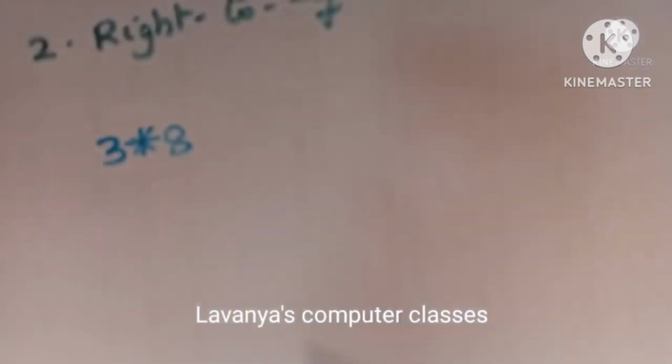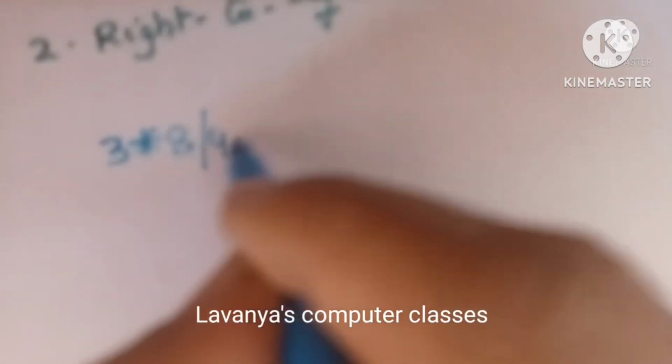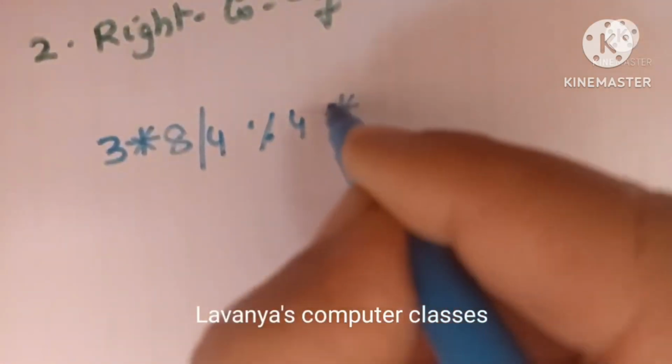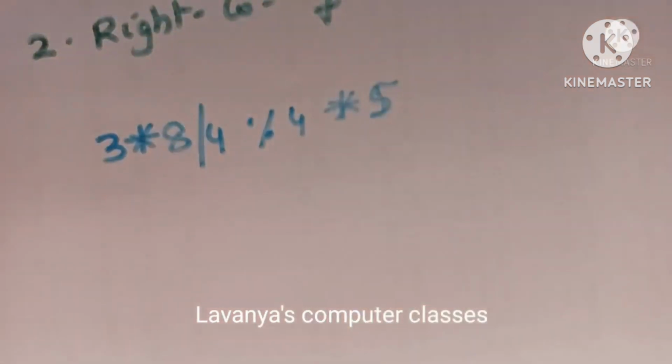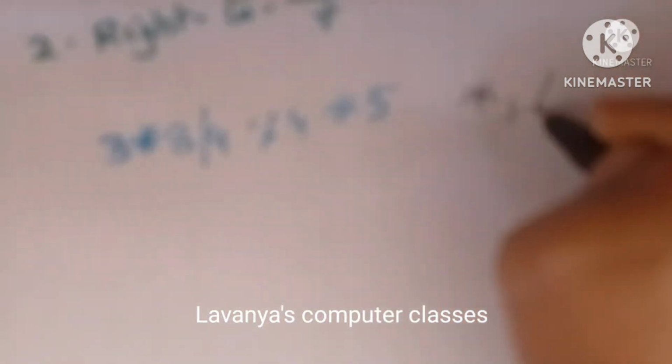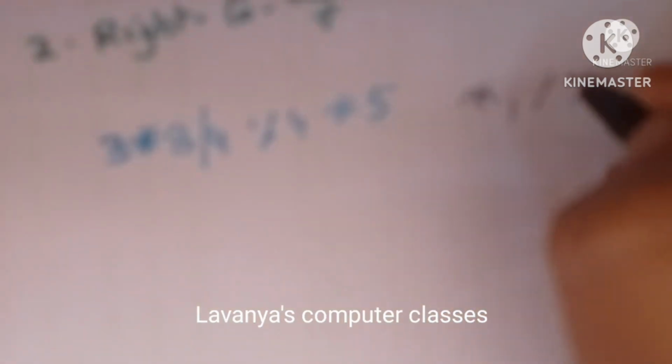Now we'll explain left to right associativity with a complex expression. The expression is 3 into 8 by 4 mod 4 into 5. In this expression, the operators available are into, division and mod.